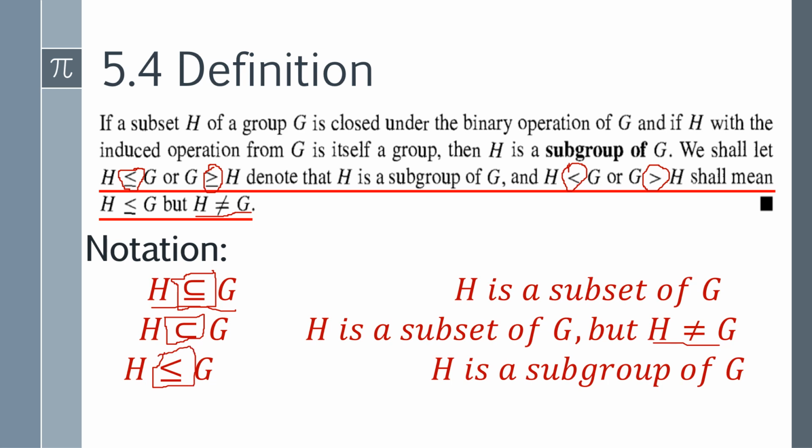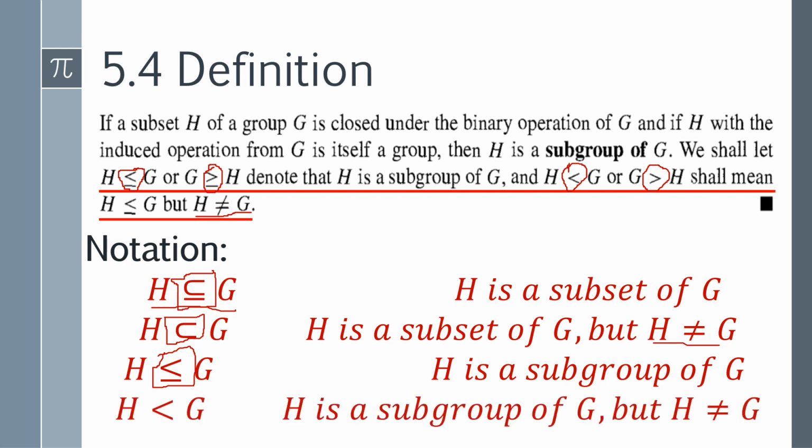In this case, there is a possibility that H is equal to G. These will be the notations that we're going to use upon proving whether a certain group or subset is a subgroup of another group.